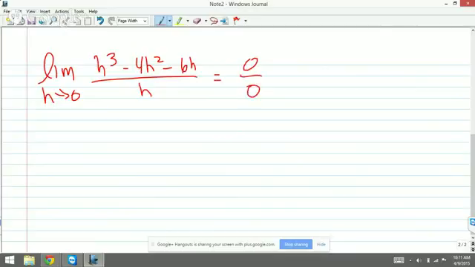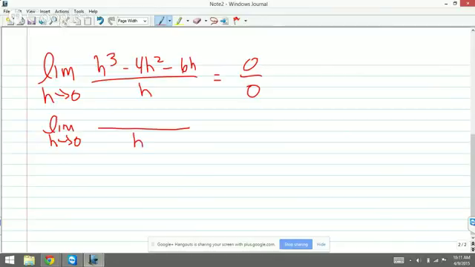Okay, you get an indeterminate form? Yeah. Yeah, very, very good. Okay, can you factor both of them in some way or another?